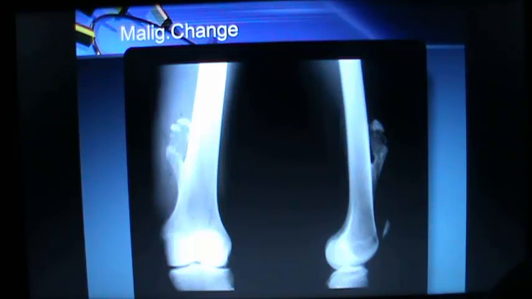Similarly, this one with the soft tissue density around denotes involvement and infiltration, and this is the cartilage cap calcification seen. Osteochondroma away from the knee with soft tissue density around denoting malignant change.